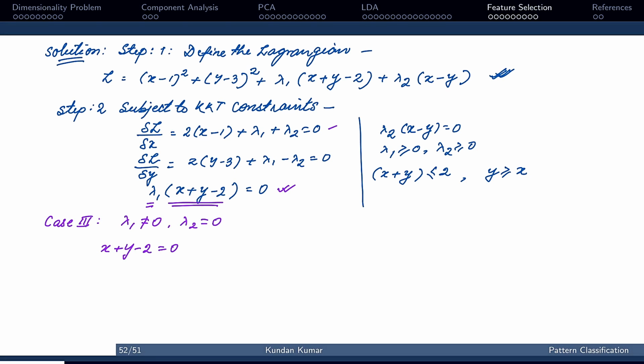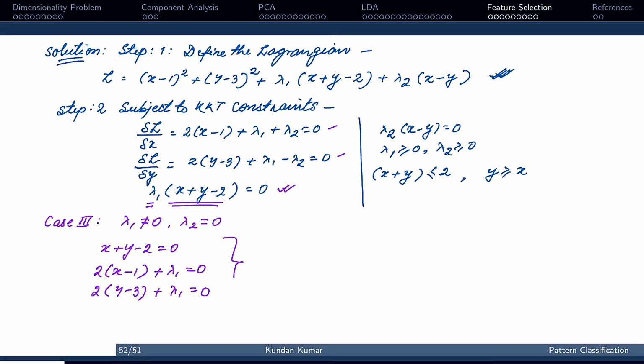And from these two constraints we can write 2x minus 1 plus lambda 1 equal to 0, and 2y minus 3 plus lambda 1 equal to 0.